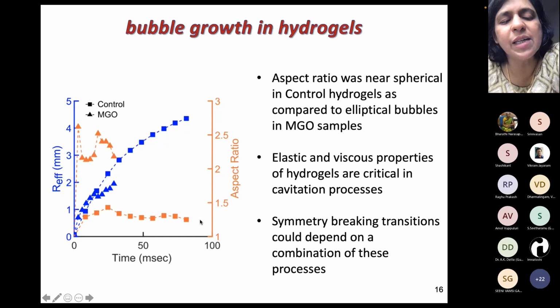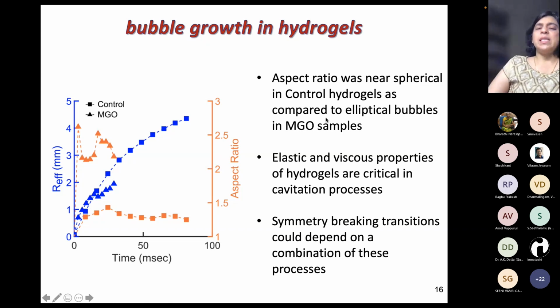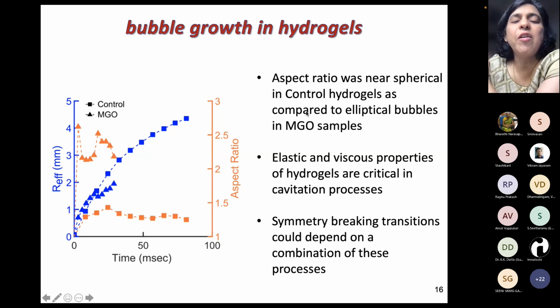Closer to 1 shows that it is more or less a spherical shape. So this starts as an ellipse. It tries to become a sphere, but then it goes through this instability and pops almost immediately. So what we showed was that there is a symmetry breaking transition that happens.